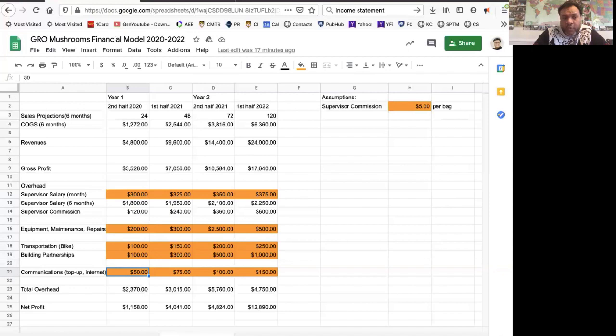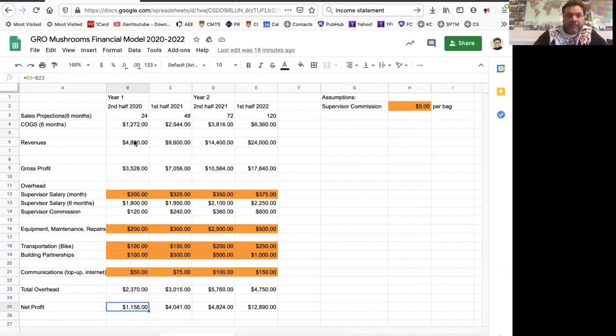So the total overhead costs are now $2,370 for this 6-month period, which means that our net profit has dropped from the gross profit of $35.28 to a net profit of $11.58. So how did we get to $11.58? That is our net revenues.